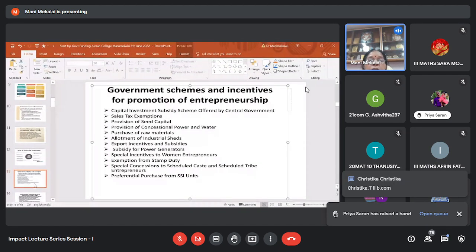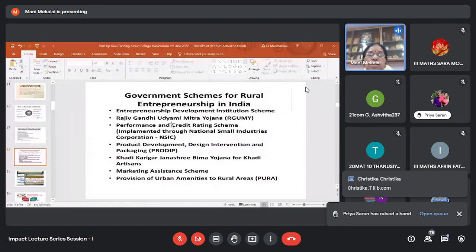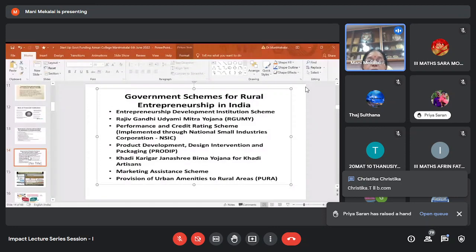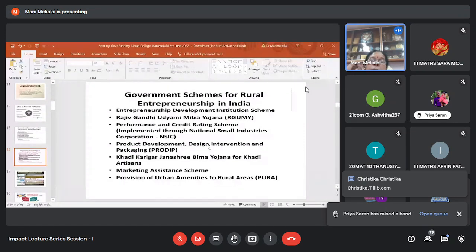For rural entrepreneurship also, you have a different support system. The Entrepreneurship Development Institution Scheme is available. The Rajiv Gandhi Udyami Mitra Yojana is available, wherein small and micro enterprises and self-help groups in rural areas are supported, and rural artisans and rural industrial enterprises will also be supported.